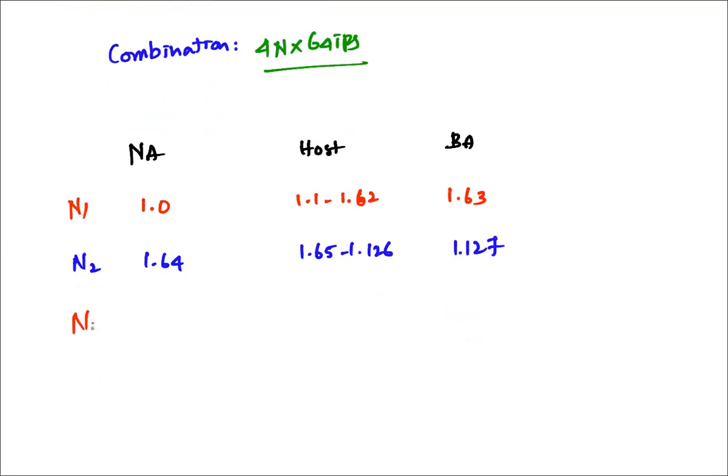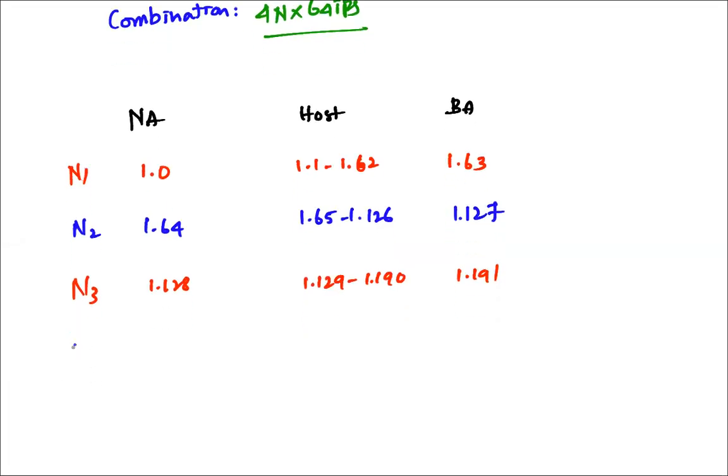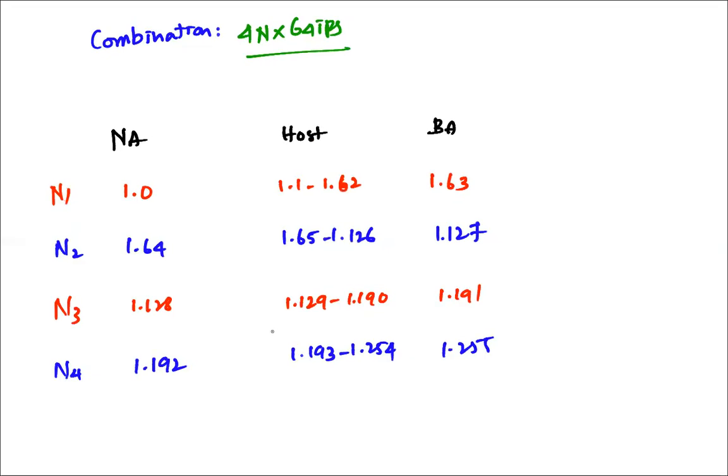Network number three is 1.128 to 1.191, with hosts 1.129 to 1.190. And then network number four is 1.192 to 1.255, with hosts 1.193 to 1.254. Got it?